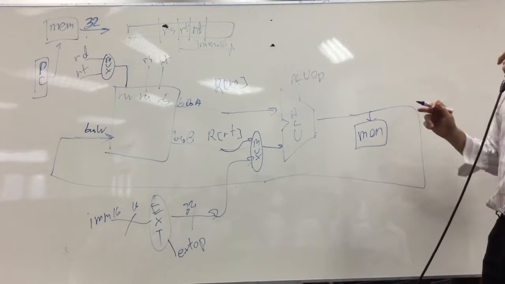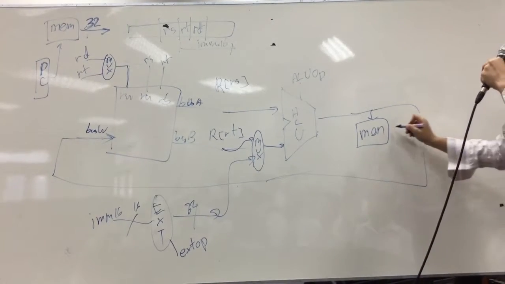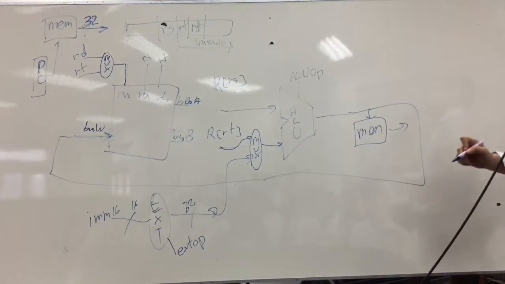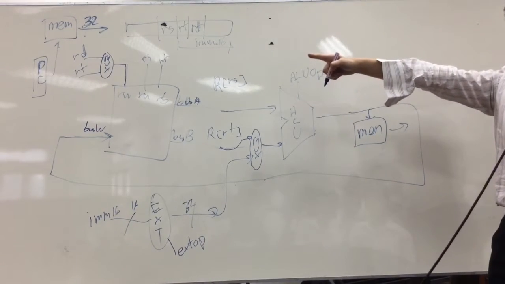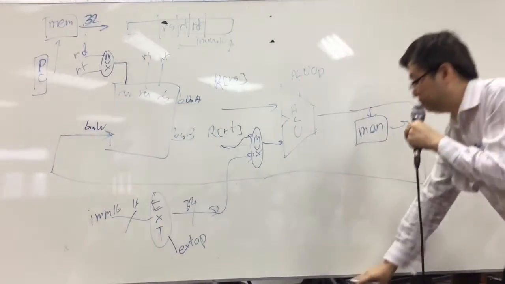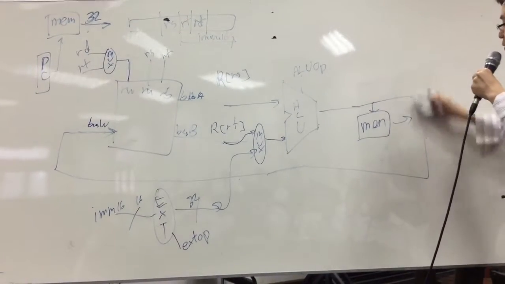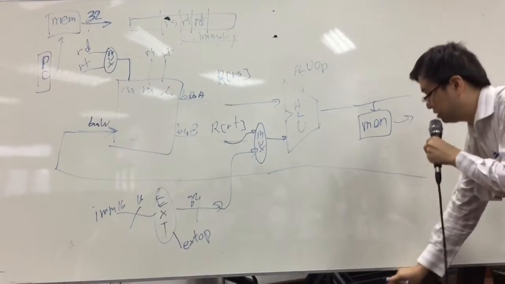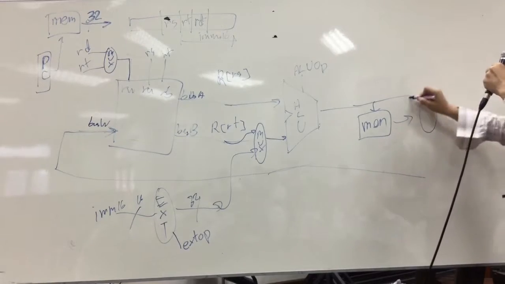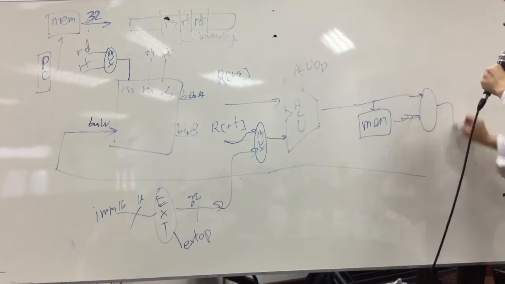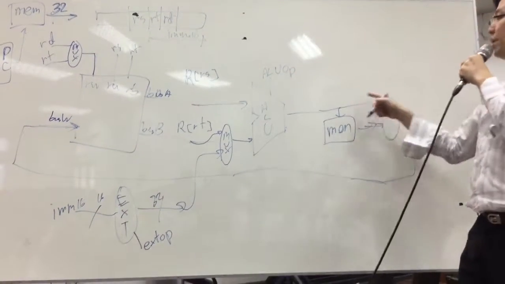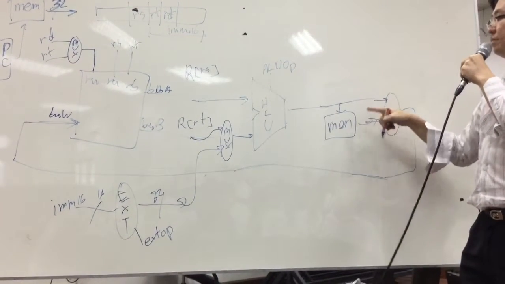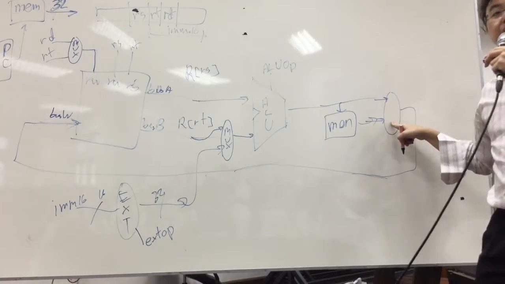Now what? The load instruction says the result from the memory should be written back to RRT. To write back means we somehow have to connect this back. So now we got two possible lines that would connect back to bus W. One from the ALU itself, another one from the memory.